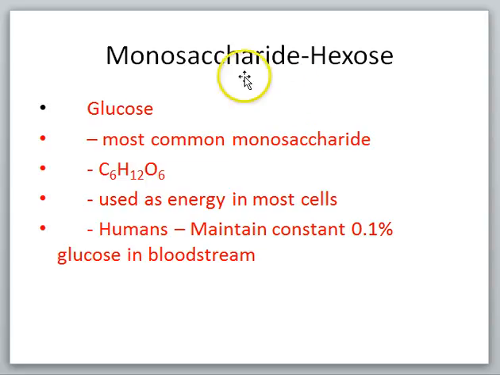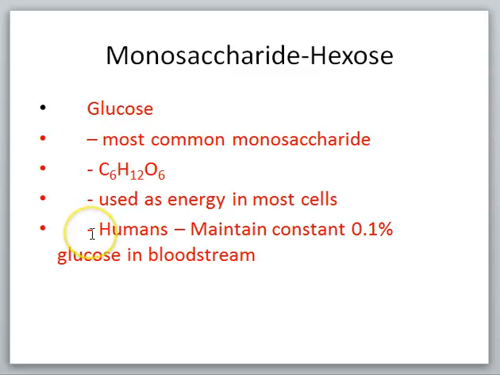Okay, monosaccharides, hexose monosaccharides, 6-carbon sugars. The most common is glucose. Glucose is the most common monosaccharide. It's C6H12O6. This is the sugar that is used as an energy source in most cells, not just human, but pretty much across the spectrum of life.